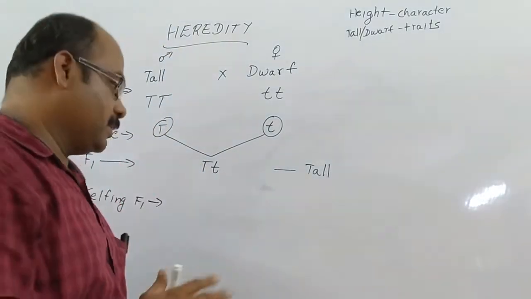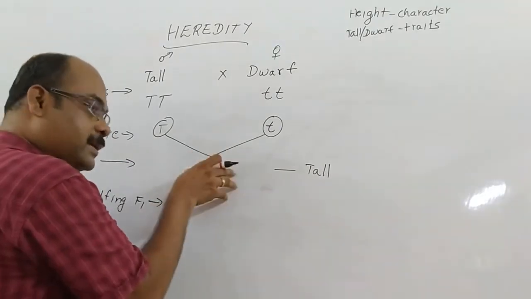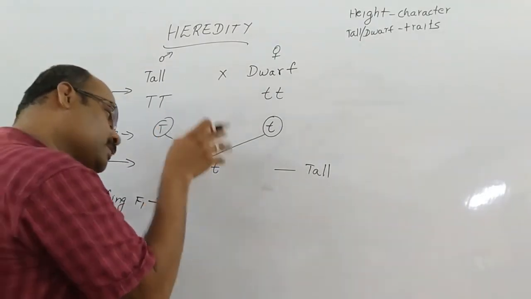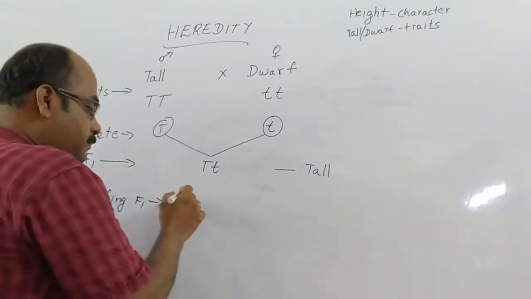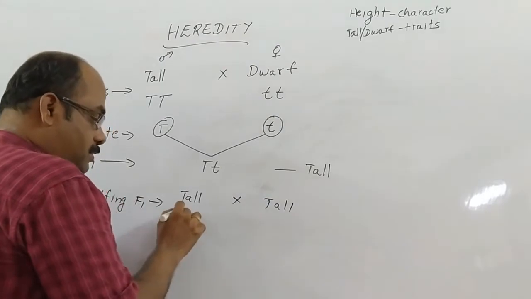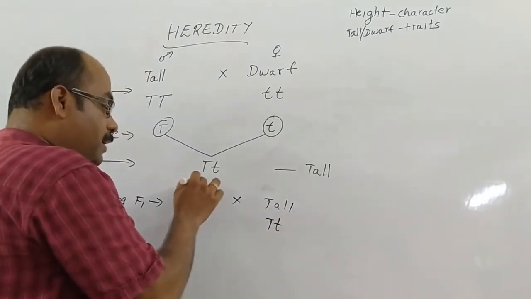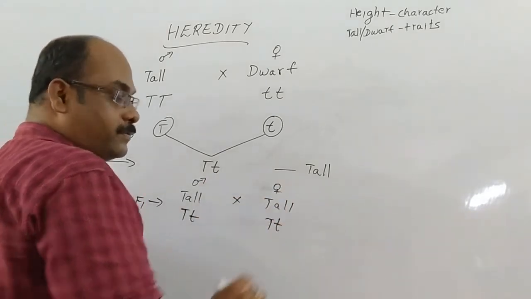It is called self-pollination. So what about the parents? This is the F1, they are selfing. This parent is the male parent as well as the female parent. So tall into tall. This is the male parent and this itself is the female parent. We can take one as male and one as female.